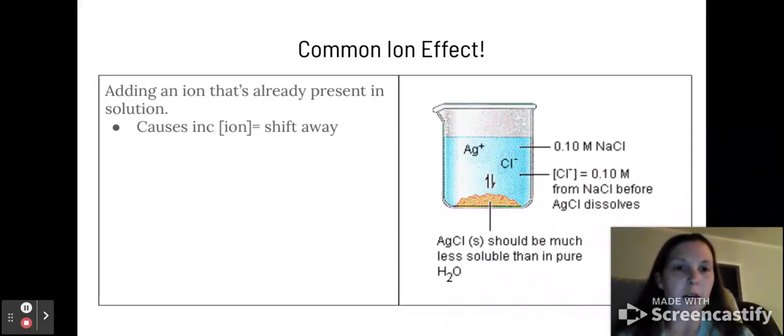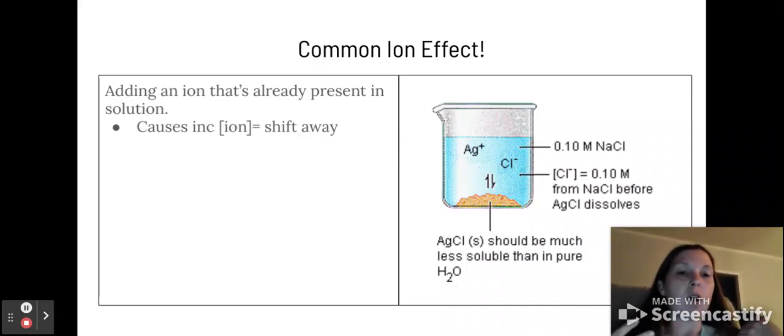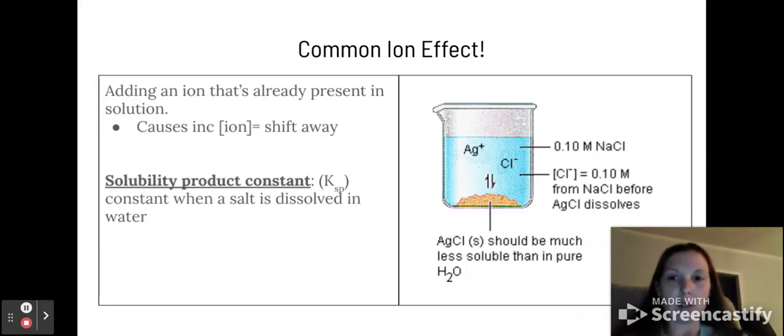So if you look here in this solution, we had AgCl dissolved, we added NaCl. So when we do that, our amount of Cl minus has increased, and that will cause the more insoluble compound to fall out of solution.